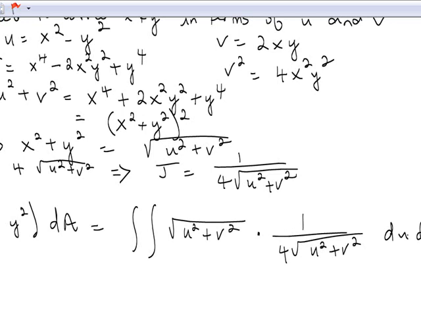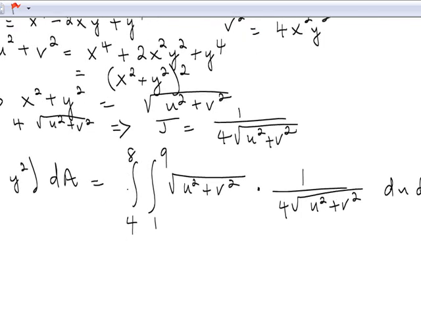Can you give me my u limits, please? And v from 4 to 8. Okay, simplify that.